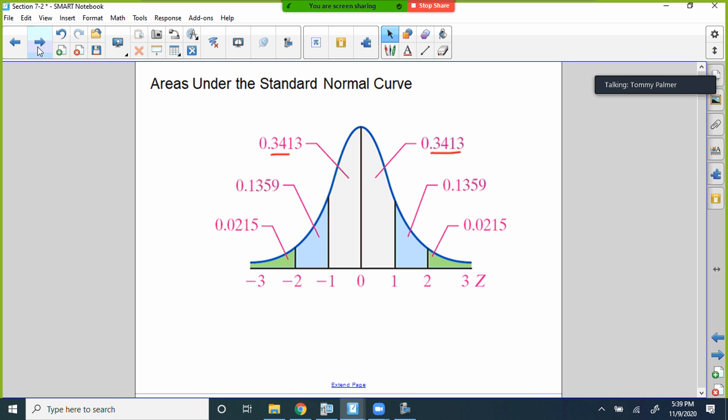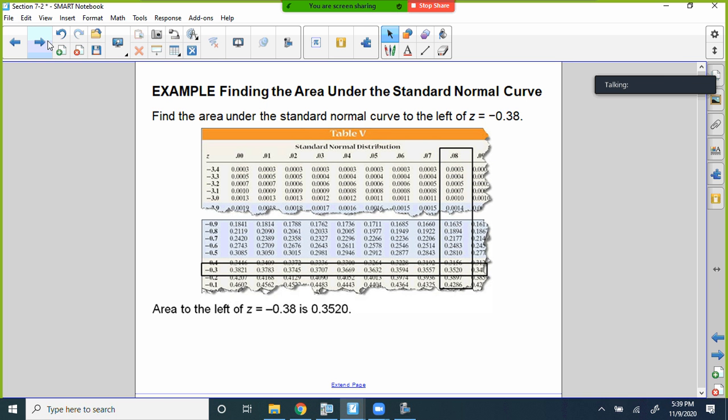All right. So let's look at this one. Here's just an example. This is a z-score of -0.38, right? Because it's negative, we know it's located where? To the right of the mean? Oh, no. To the left of the mean, below it, right? So if it's negative, it's going to be below the mean.